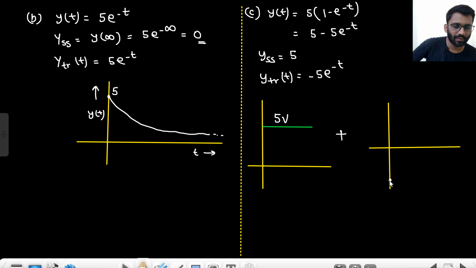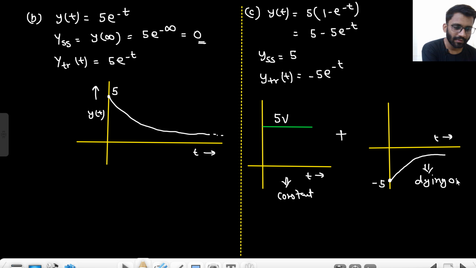So for this part, at t equals 0, what is the value? At t equals 0 it is minus 5, and at t equals infinity it is 0, right? So this part is constant and this part is dying out. That's why this part is transient and this part is steady state.